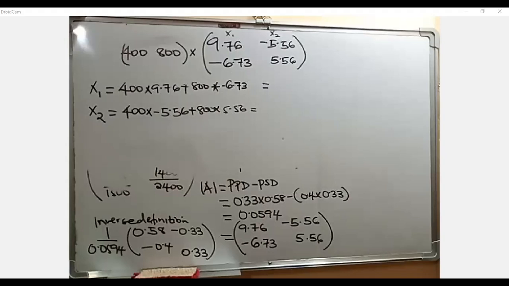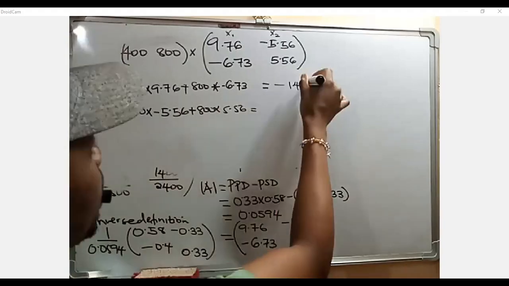So it will be 800 times negative 6.73, then 400 times 9.76 minus 5384. Okay, we are getting negative 1480.